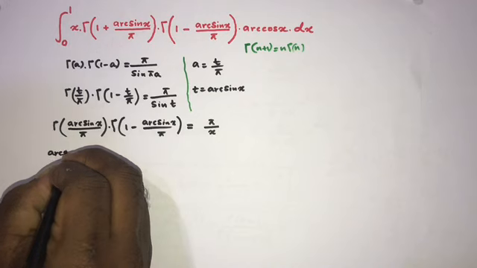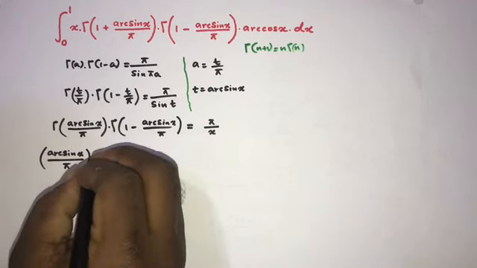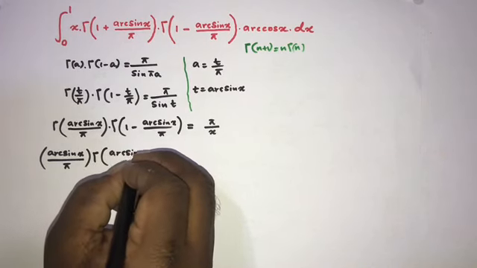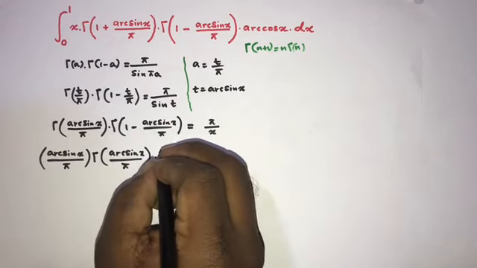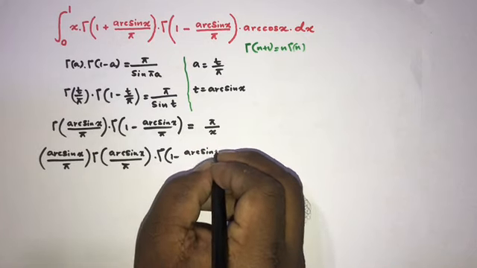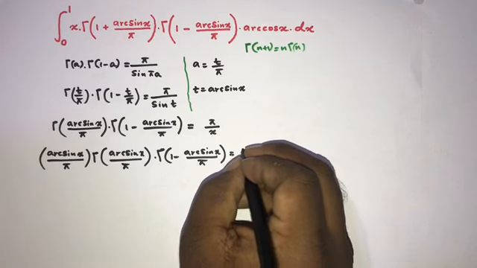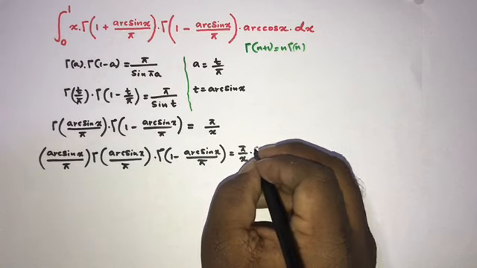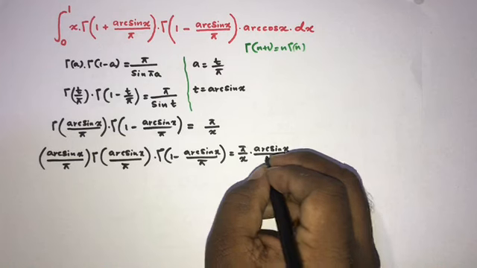So arc sine of x over pi times gamma of arc sine of x over pi times gamma of 1 minus arc sine of x over pi is equal to pi over x times arc sine of x over pi.